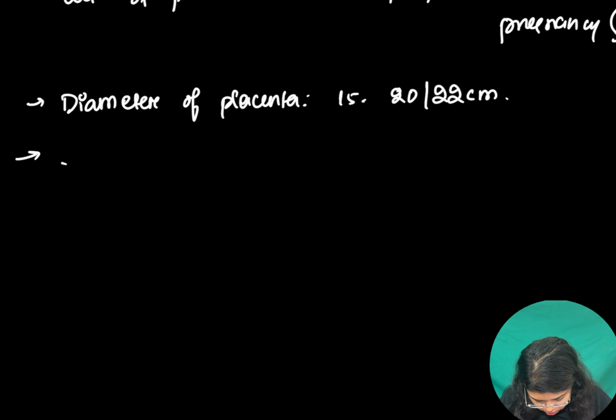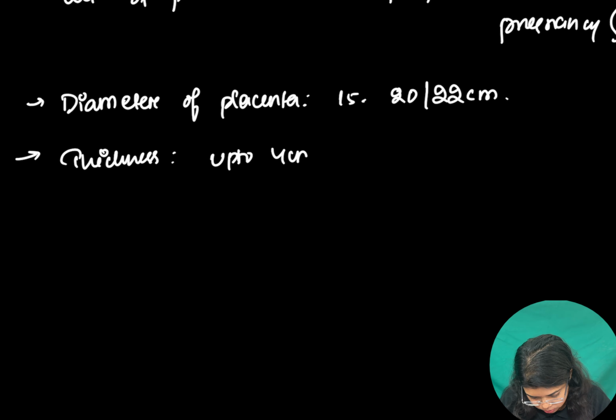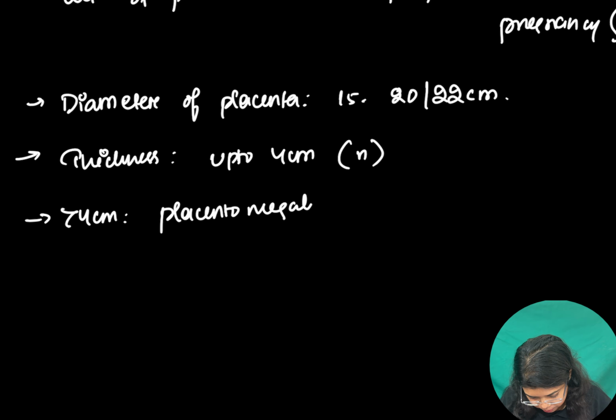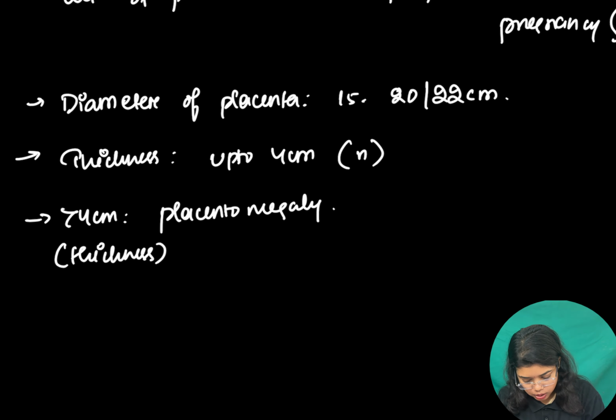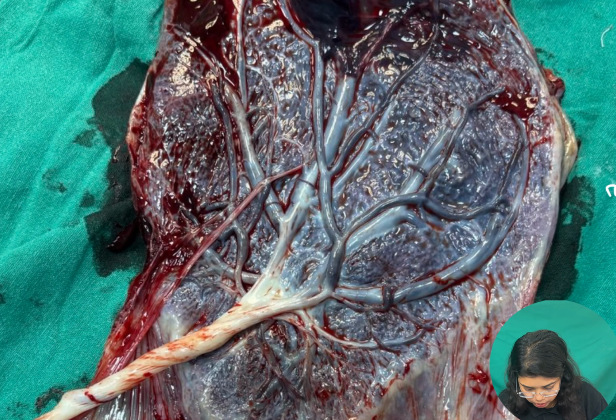Then thickness up to 4 centimeter is normal, and if more than 4 centimeter, that is placentomegaly. This is the thickness. If the thickness is more than 4 centimeter, then that is placentomegaly. And what are the causes of placentomegaly?